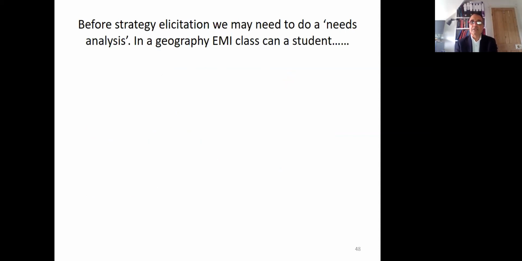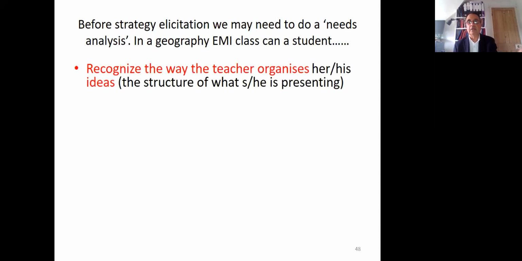So before strategy elicitation, and as I'm trying to make this shift from language learner strategy research to EMI student strategy research, you need to start off perhaps with some kind of needs analysis. So in an EMI geography class, can a student recognize the way the teacher organizes his or her ideas?